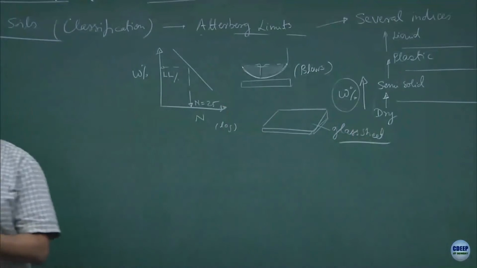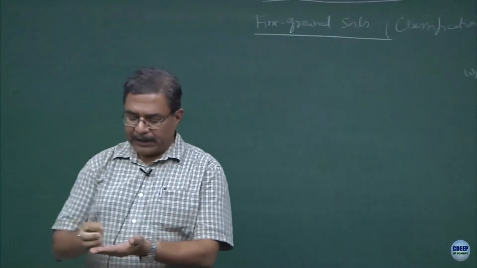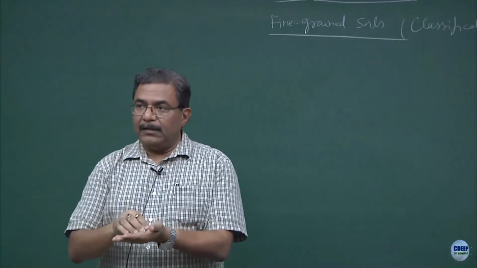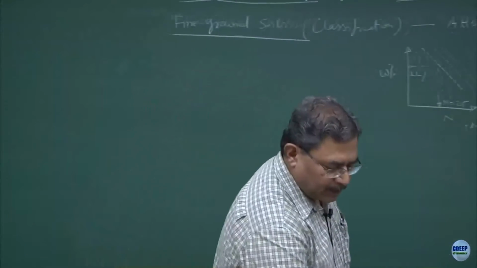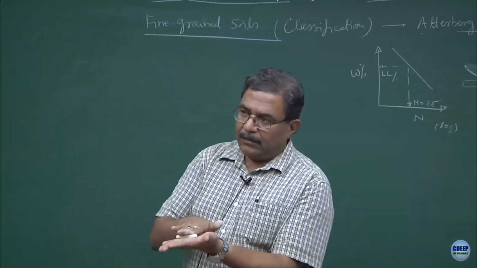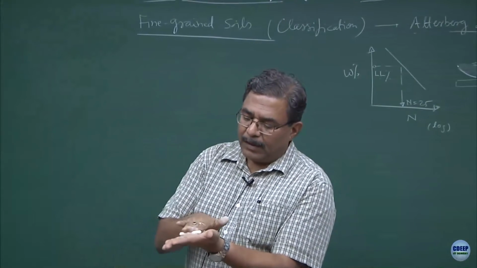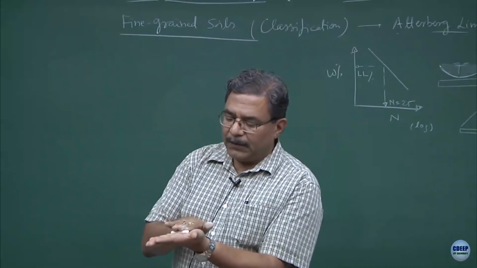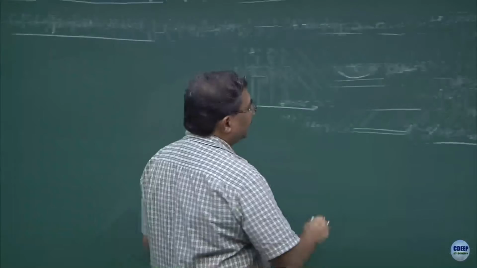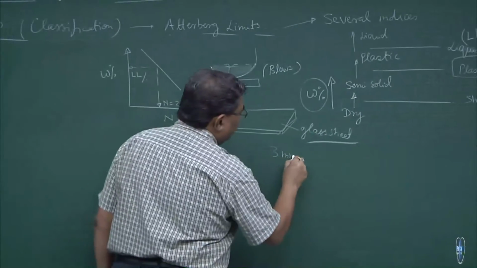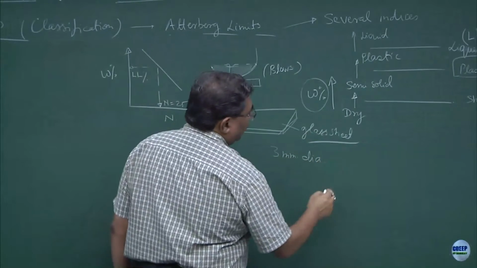So, make threads of soil by mixing water to the soil and you roll it in this way, just using your fingertips, and convert the soil mass into very thin 3 mm diameter threads.